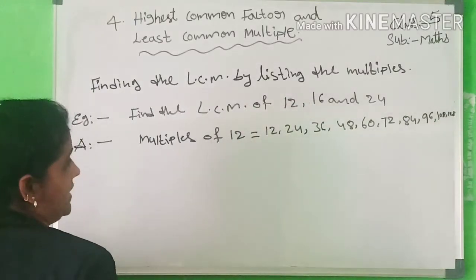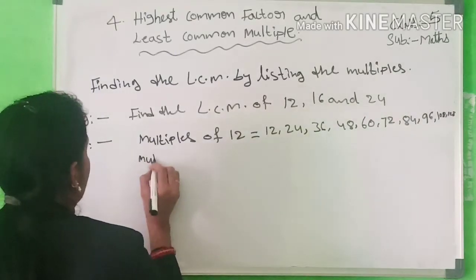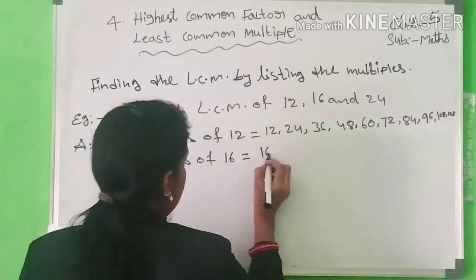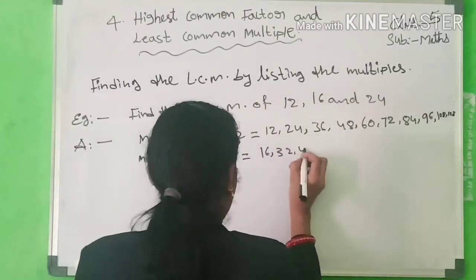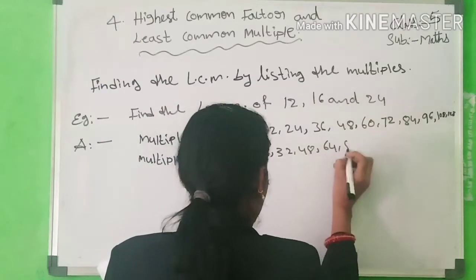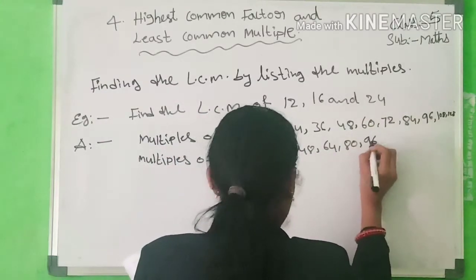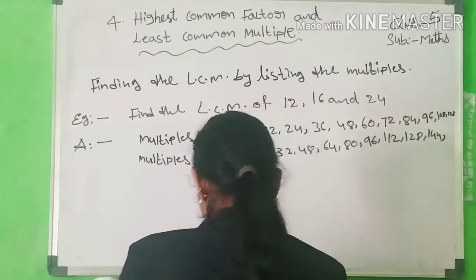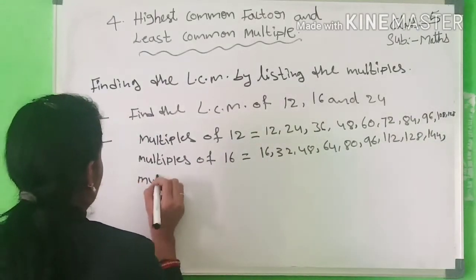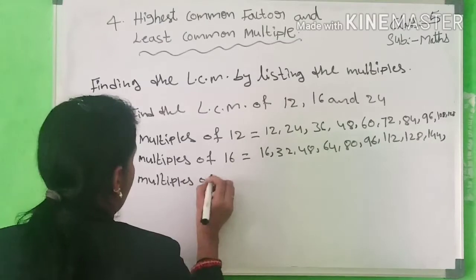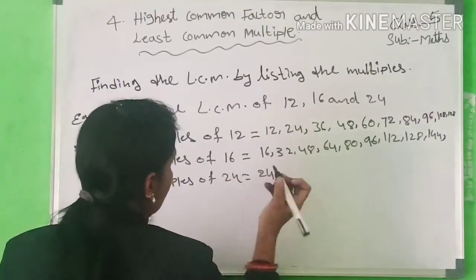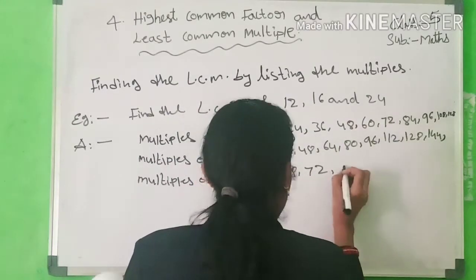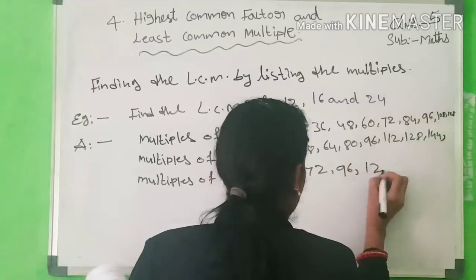Next, multiples of 16: 16, 32, 48, 64, 80, 96, 112, 128 and 144. Then multiples of 24. You have to write here the 24 multiples: 24, 48, 72, 96 and 120.